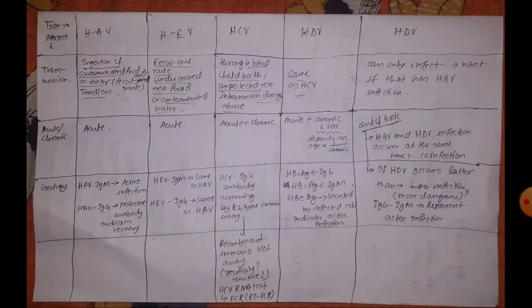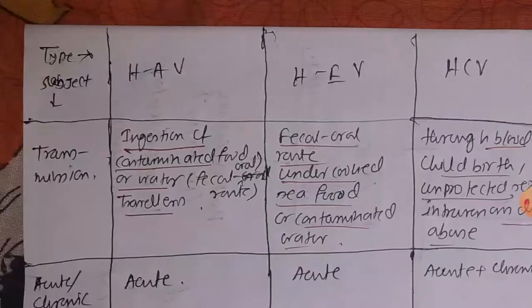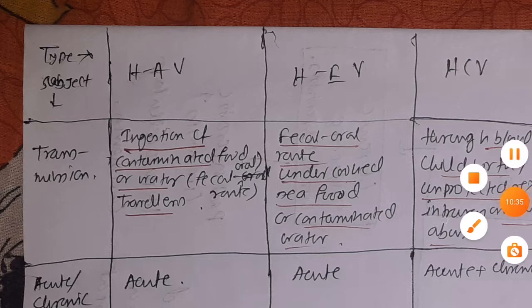So now let's discuss various types of hepatitis virus. Okay, so hepatitis virus is generally divided into hepatitis A, B, C, D, E. I have prepared a comparative chart that will help you to remember the various properties of the various types of hepatitis viruses.